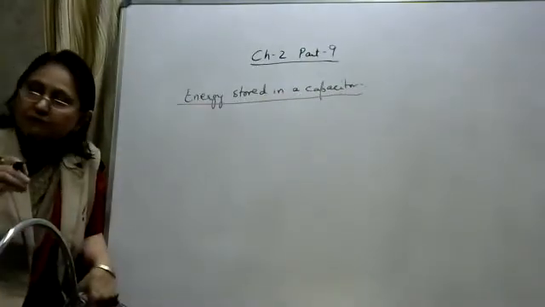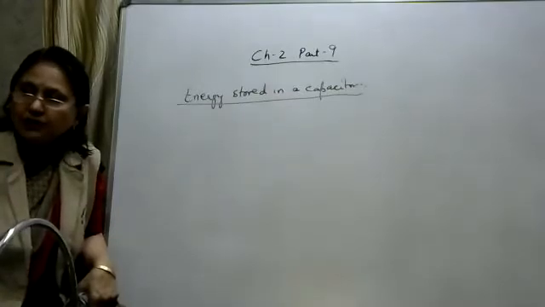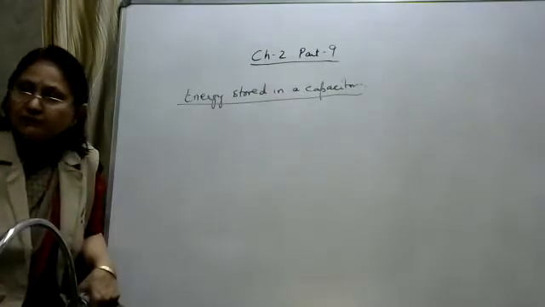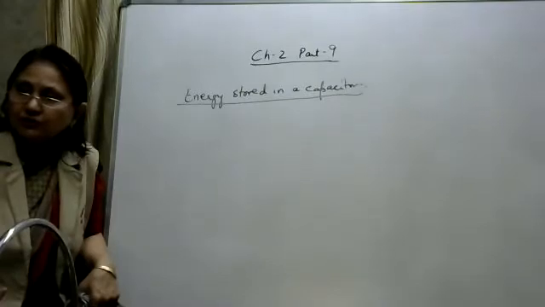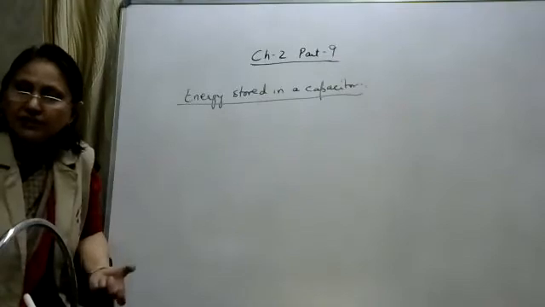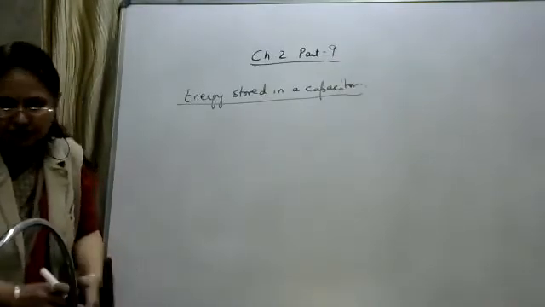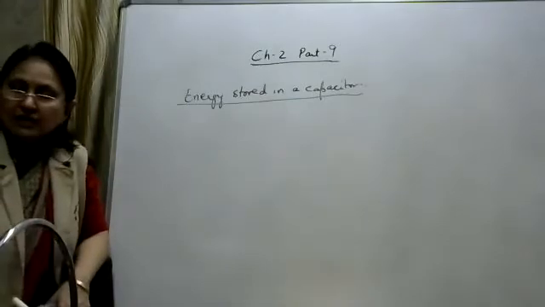There will be some work done in transferring charge from one plate to the other. This work done will be stored in the form of potential energy, and such energy we call the energy inside a capacitor, which we term electrostatic energy. So we'll start with it.